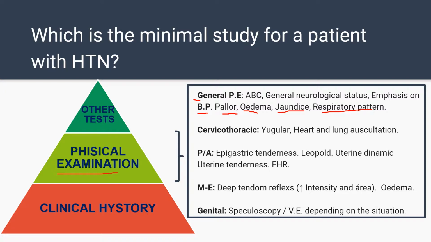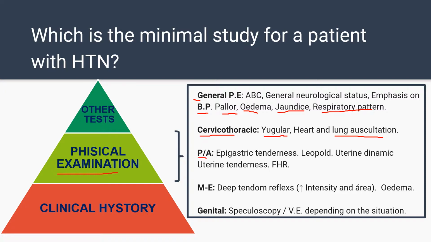When you go segment by segment, you start with the cervicothoracic segment, checking if there is jugular engorgement that can indicate, for example, heart insufficiency. Also, heart and lung auscultation to check if there is liquid in the lungs, pulmonary edema.